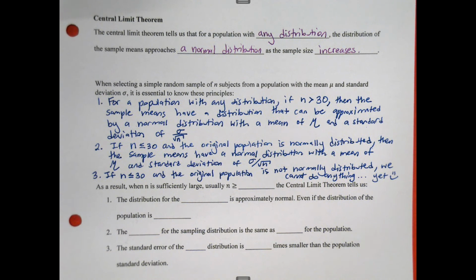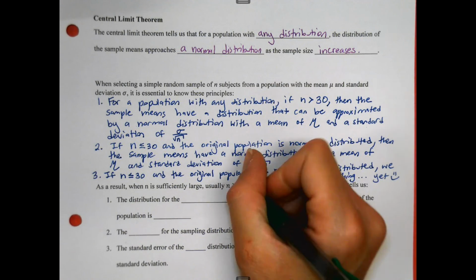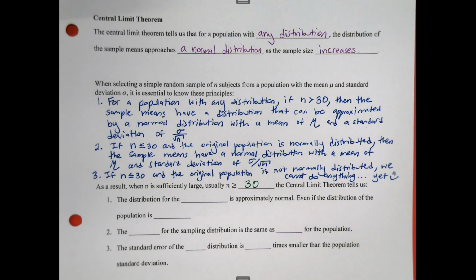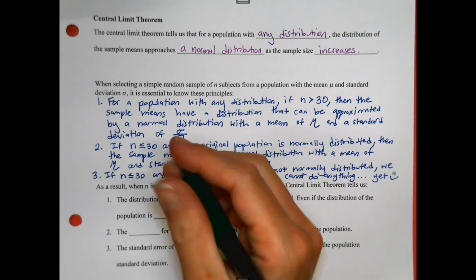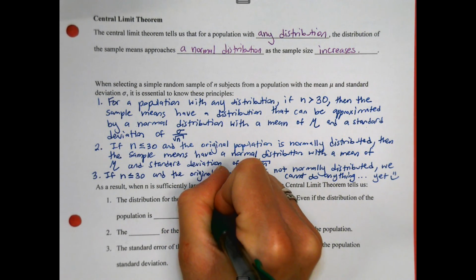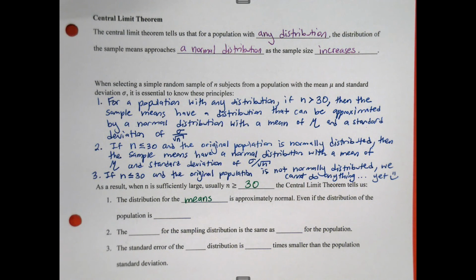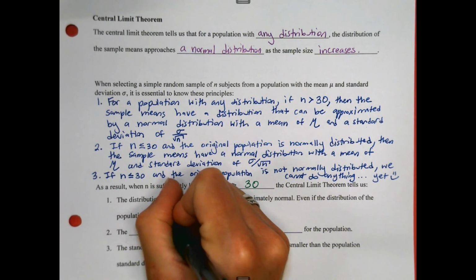So as a result, when n is sufficiently large, usually n has to be greater than or equal to 30, the central limit theorem tells us that the distribution for the means is approximately normal, even if the distribution of the population is not normal.